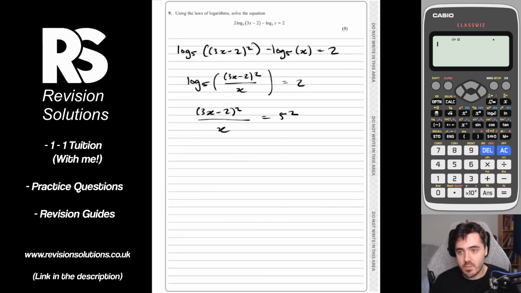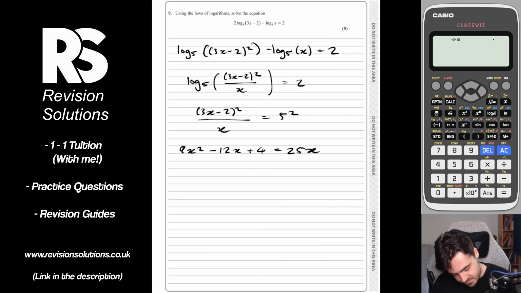So that looks horrible, but the highest power of x in all of that, rather, is just x squared. So it's a quadratic overall. If I multiply by x and expand that bracket, I would have 9x squared, then minus 12x plus 4 equals 25x. Subtracting over the 25x, I would get 9x squared minus 37x plus 4 equals 0.